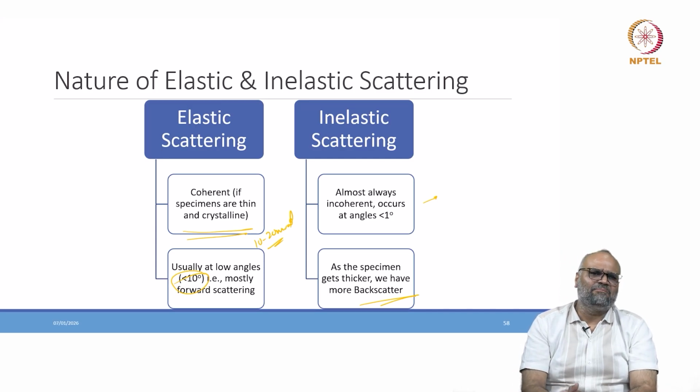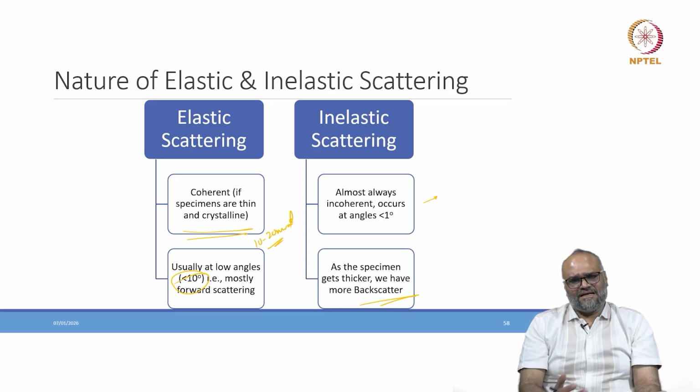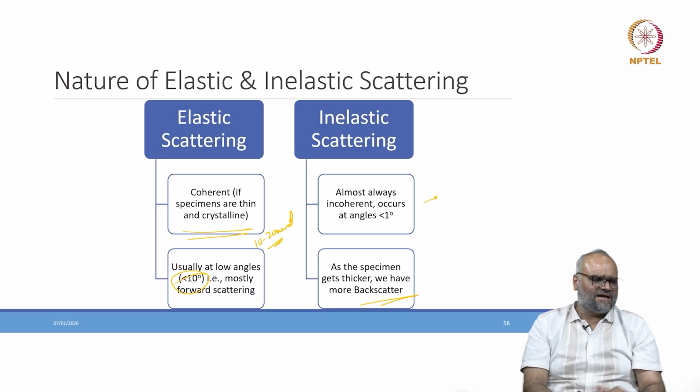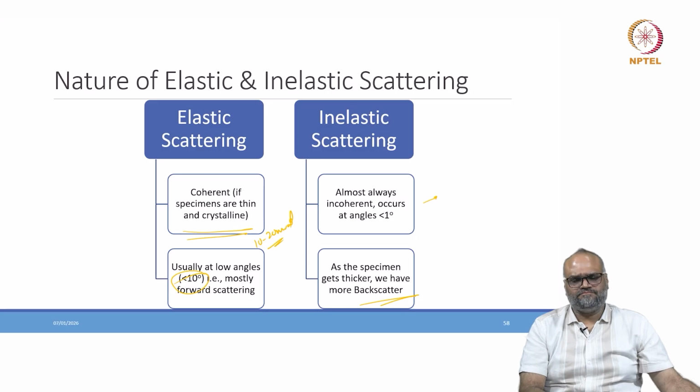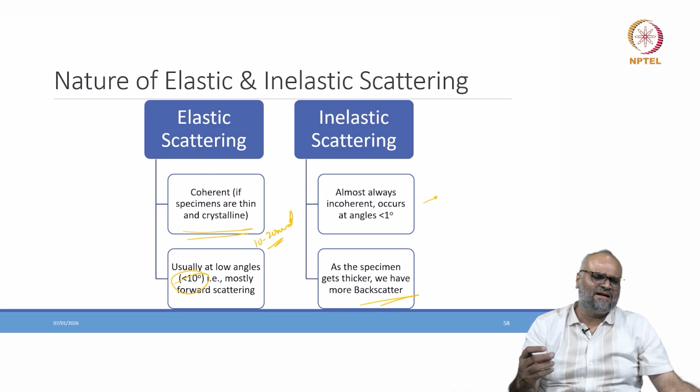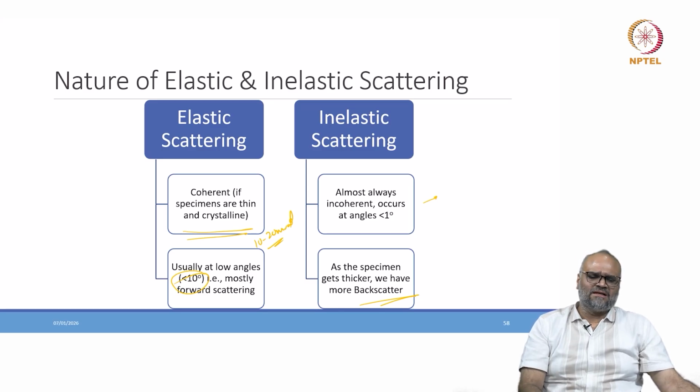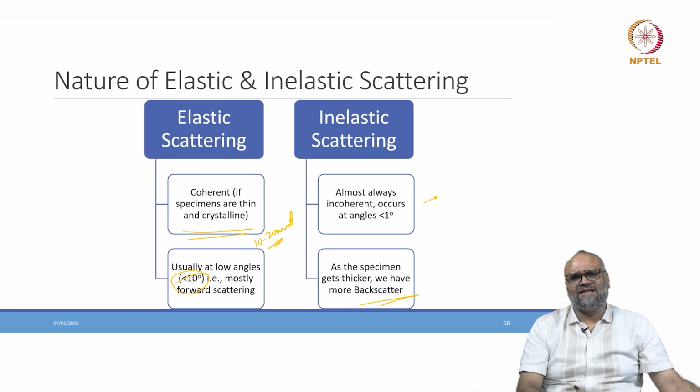If I look at the other methodologies of classifying scattering, based on the number of events of scatter that happen, you can also quantify them as single scattering or kinematic scattering, or dynamic scattering, or plural or multiple scattering. More often than not, when a fast moving electron beam is interacting with a thick specimen or a specimen which is even 100 nanometers thick, you can have more than one scattering event.